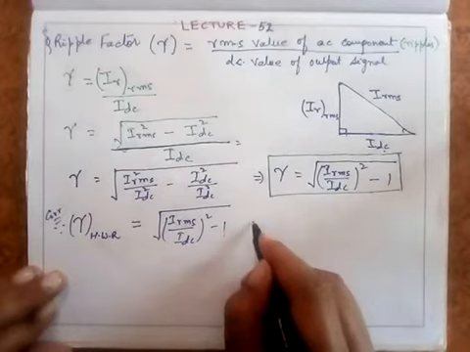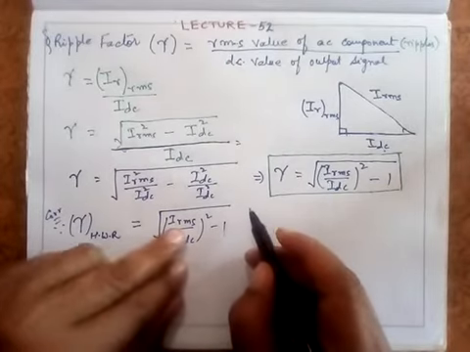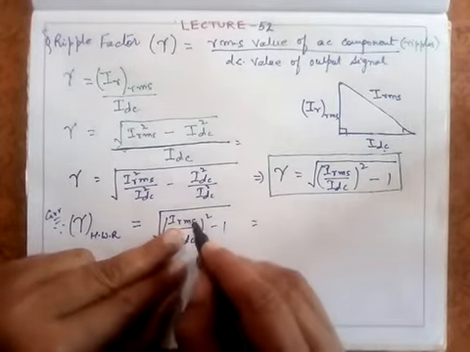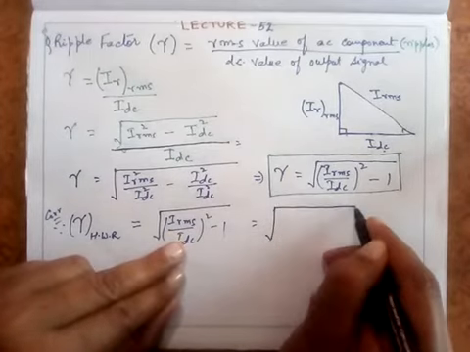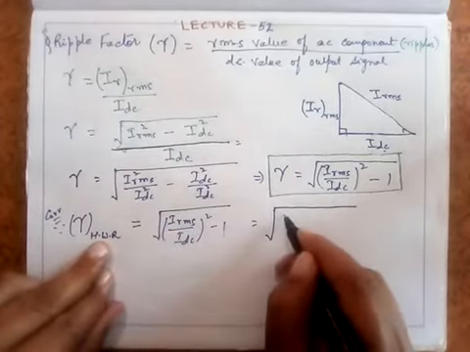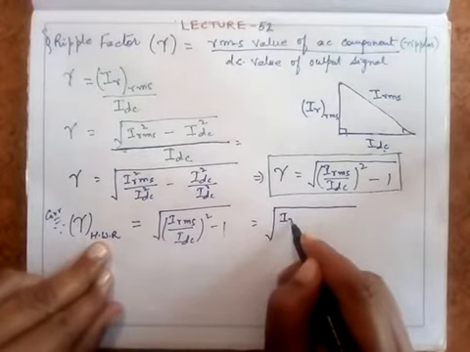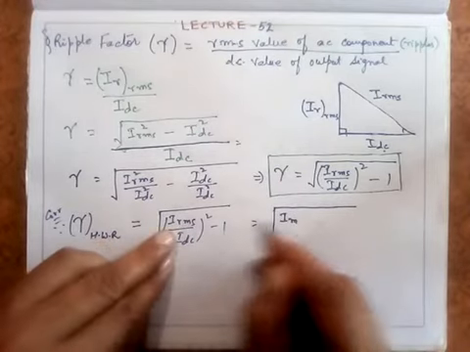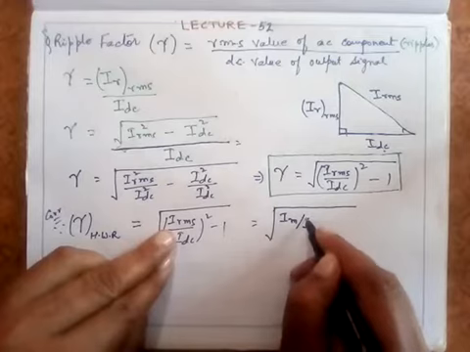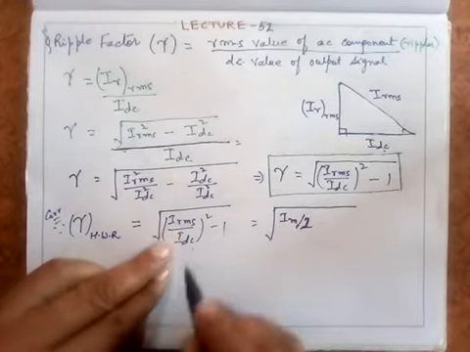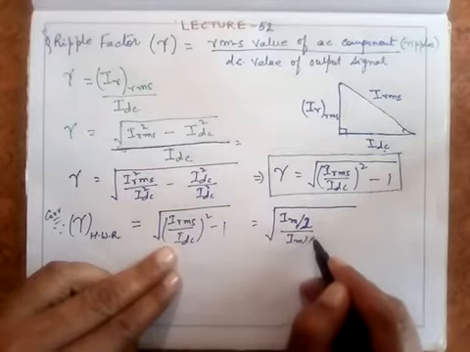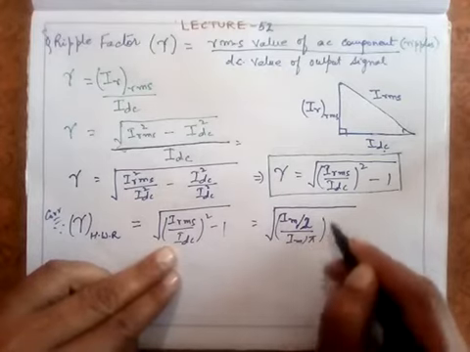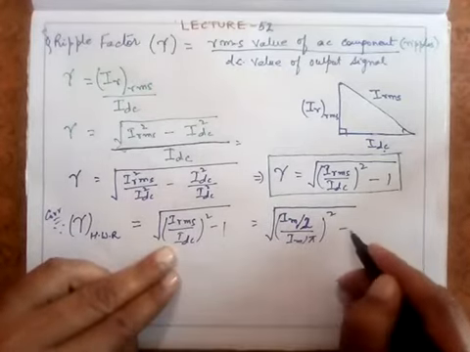Now what is IRMS for a half wave rectifier? We have done that: IRMS for a half wave rectifier is IM by 2, not root 2, and IDC is equal to IM by pi. So it is under root of IM by 2 upon IM by pi, whole square, minus 1.